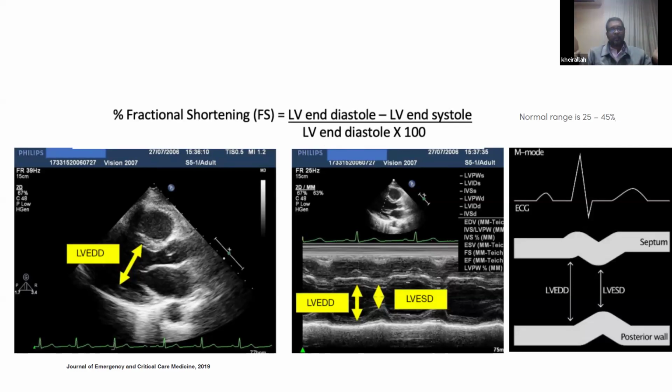The moment you go on the machine, drop your lines, do the M mode and obtain the end diastolic and end systolic dimensions, the machine itself is going to give you the fractional shortening on this side. Do you think fractional shortening is an accurate measurement for LV systolic function? I'm waiting for your comment.